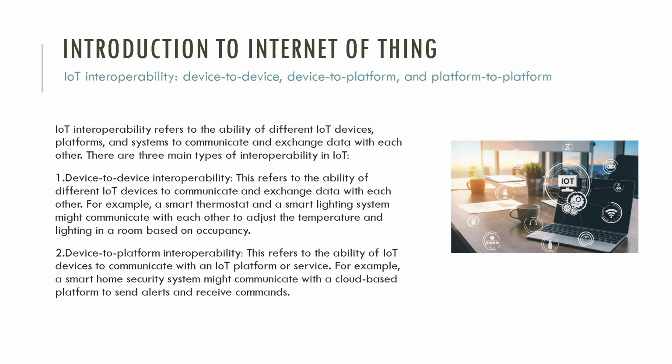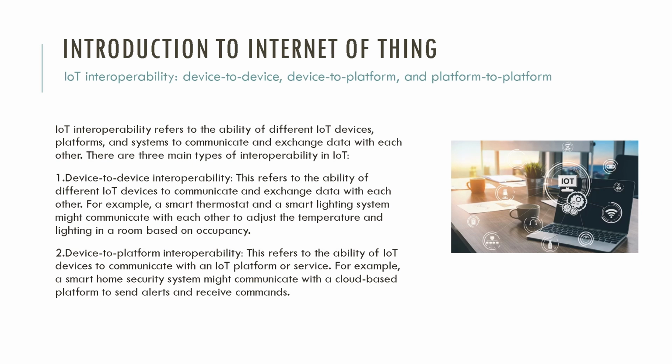There are three main types of interoperability in IoT. 1. Device-to-device interoperability. This refers to the ability of different IoT devices to communicate and exchange data with each other. For example, a smart thermostat and a smart lighting system might communicate with each other to adjust the temperature and lighting in a room based on occupancy.